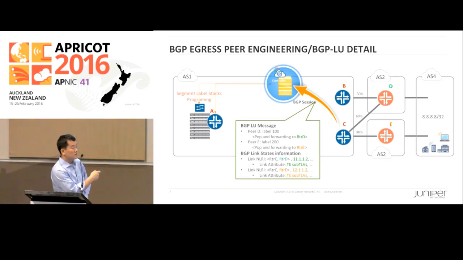And then you may use BGP link state information to carry the reserved bandwidth. So for example, if this one has already reserved a lot of bandwidth and not much is left, then next time, instead of sending traffic to this one, I will redirect traffic to here.